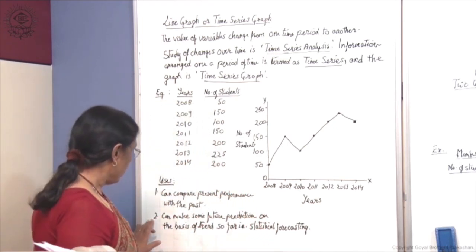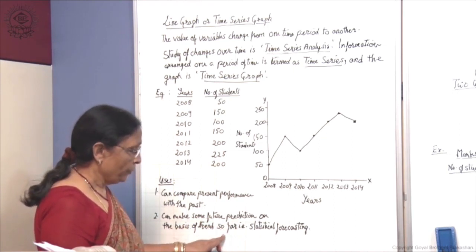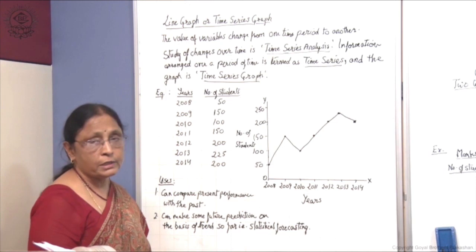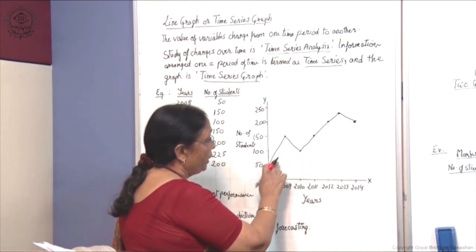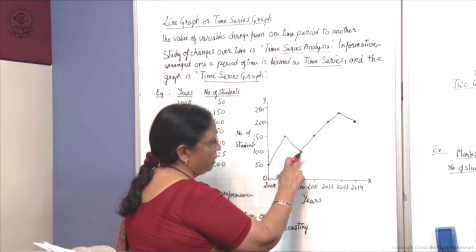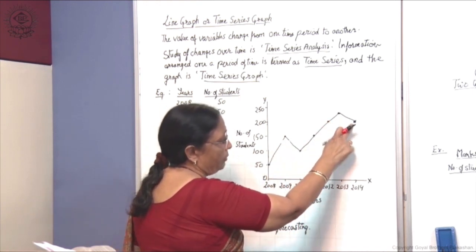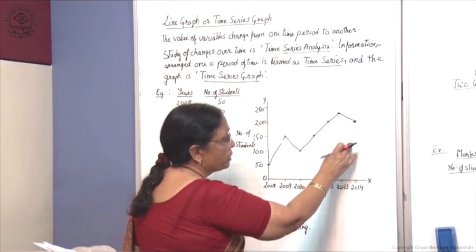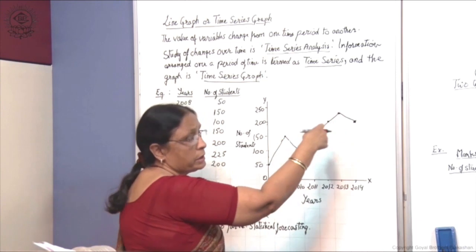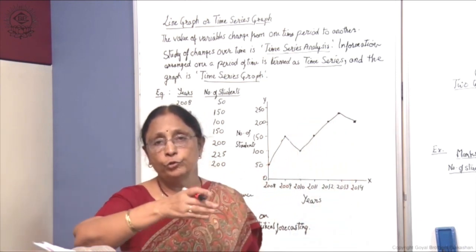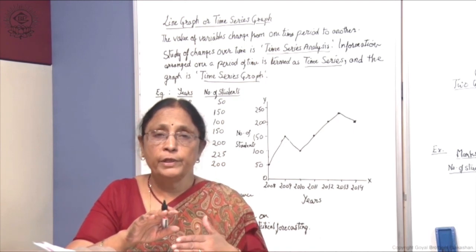Similarly, the second use is that you can make some future prediction on the basis of the trend so far, which is called statistical forecasting. How can you make a future prediction? When you see that it is increasing, after declining again it has started increasing, it is again declining. So, this shows that you can predict what the chances are in the future. It may increase, but slightly it may decrease.